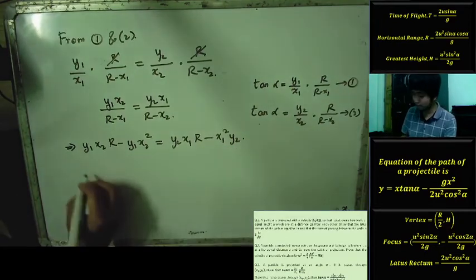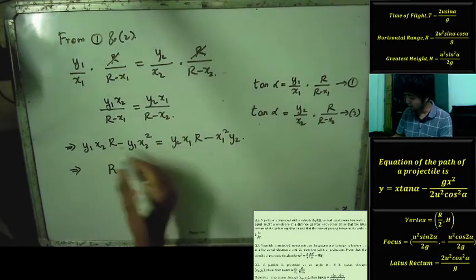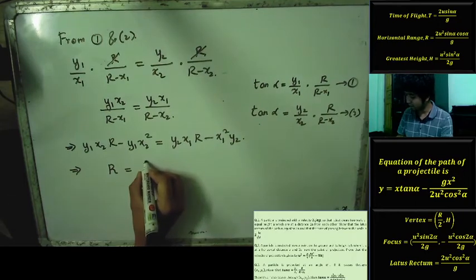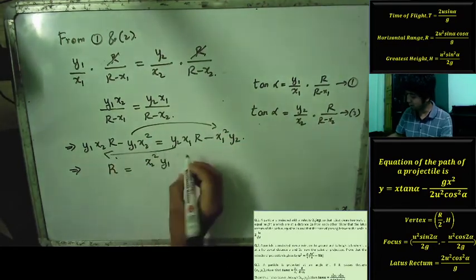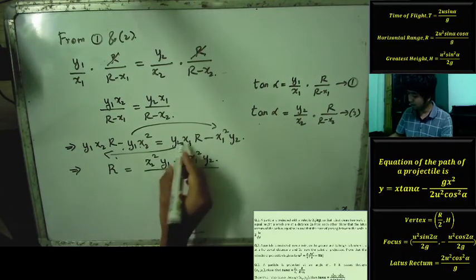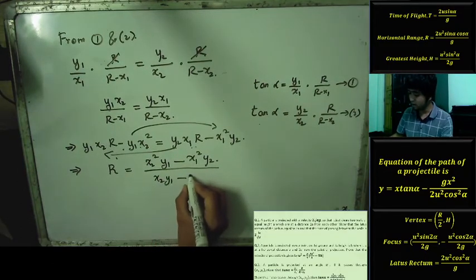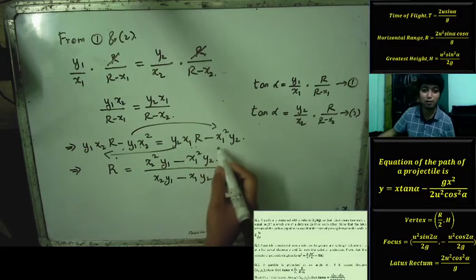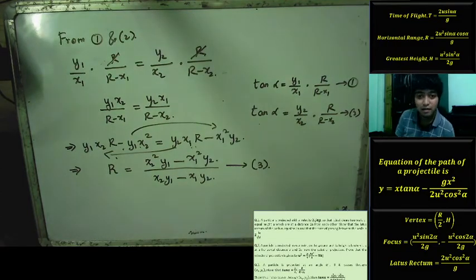So you can find out r by taking this one to this side, and x2 square y1 over here. So you'll have r equal x2 square y1 minus x1 square y2 divided by x2 y1 minus x1 y2. Name this one as equation 3.